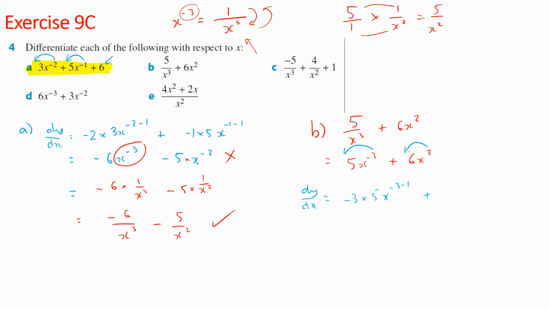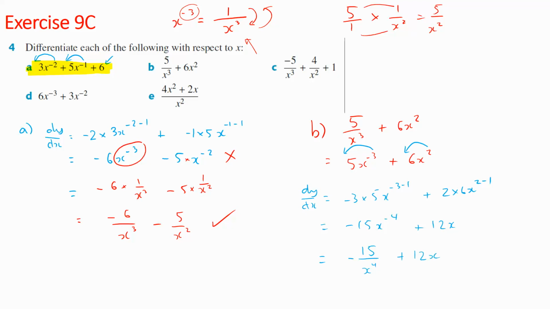Plus, bring down the power, 2 times 6x to the power of 2 minus 1. And that gives you negative 15x to the power of negative 4, and then that's plus 12x. Okay? Don't leave your answer with negative power. So your answer would be negative 15 on x to the power of 4 plus 12x. Okay, so that's for B.